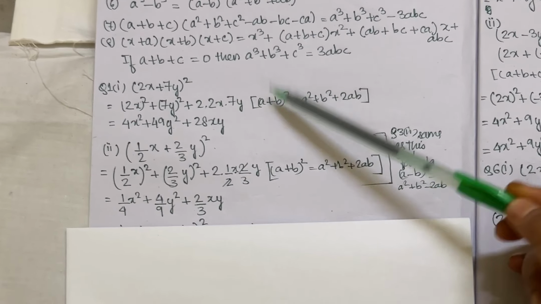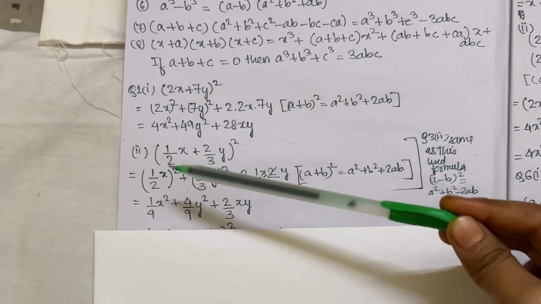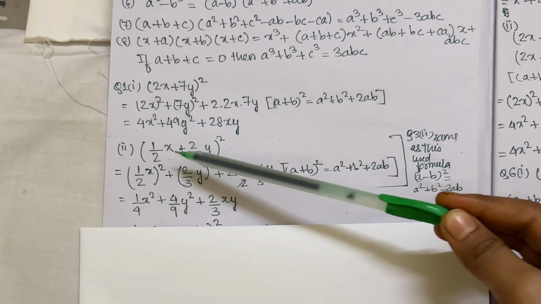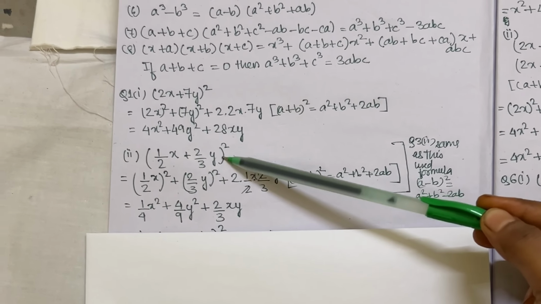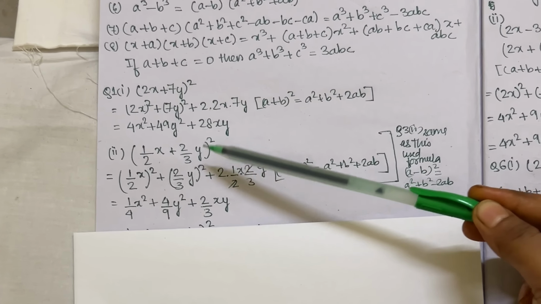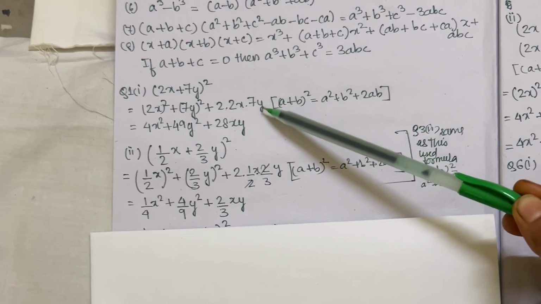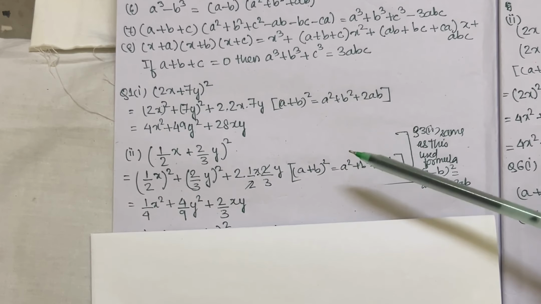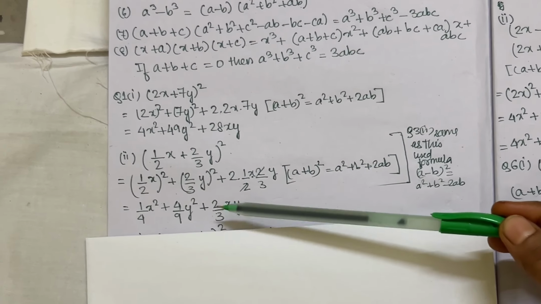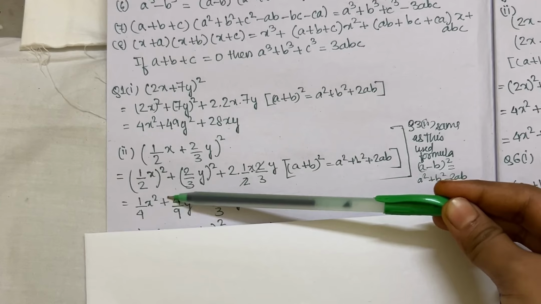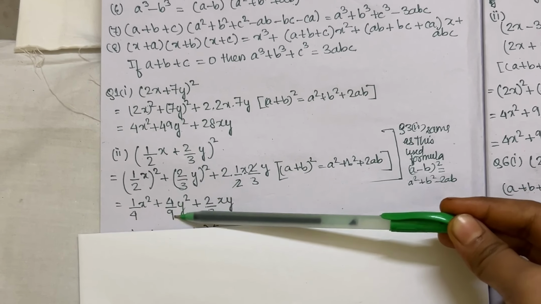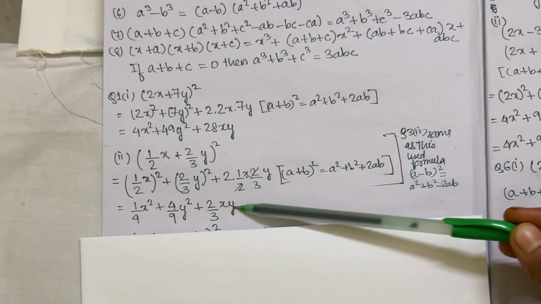Isn't it simple? Now for the second one, it's the same thing, (half x plus 2 by 3 y) whole square. Again which formula? The (a plus b) whole square formula. So we are putting the values according to the formula and we are getting the answer, that is 1 by 4 x square plus 4 by 9 y square plus 2 by 3 xy.